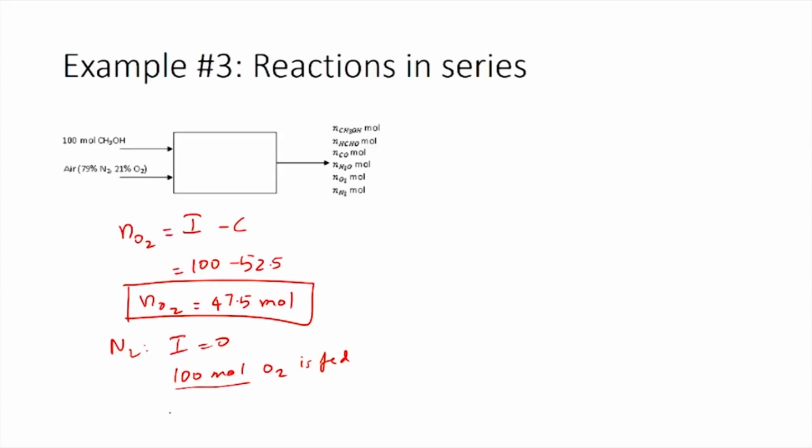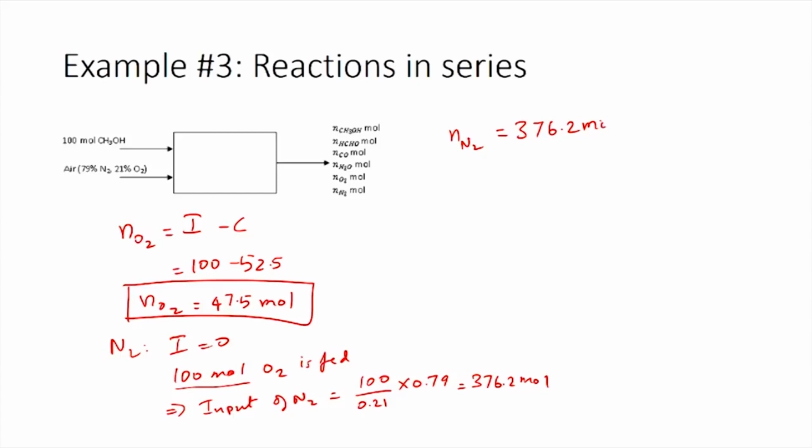So, based on that information we can calculate input of nitrogen as 100 divided by 0.21 times 0.79, which gives us a value of 376.2 moles. So, N nitrogen which is leaving the system would be equal to the input, which is 376.2 moles.